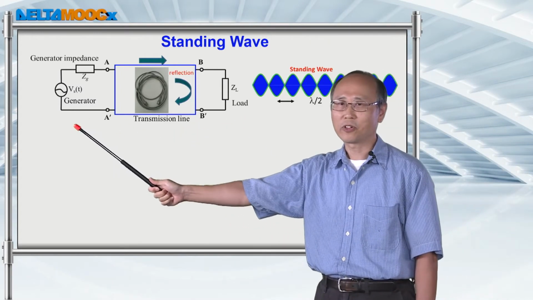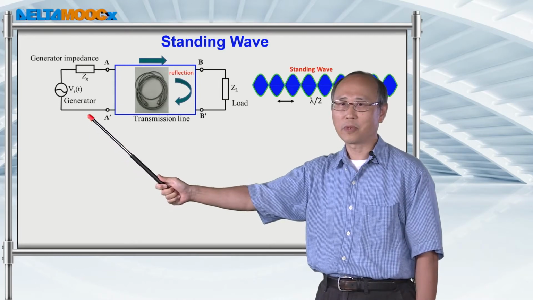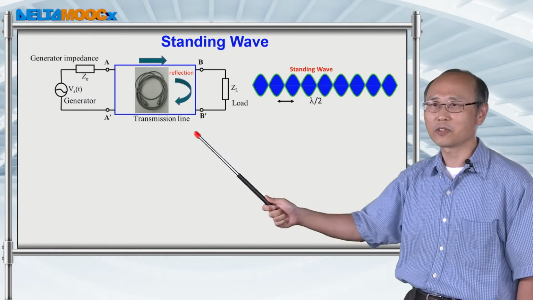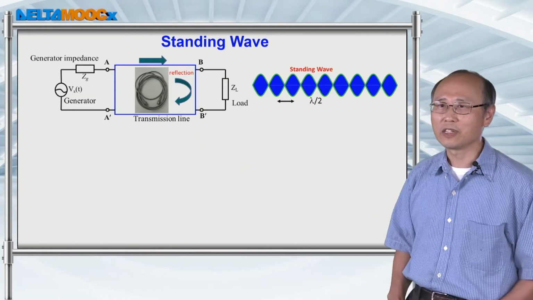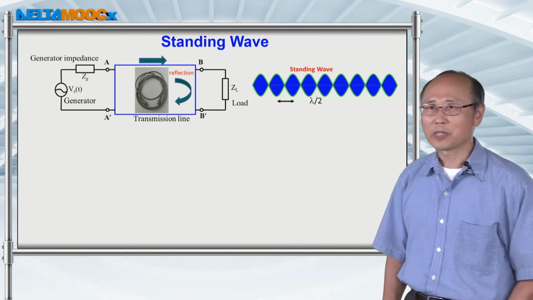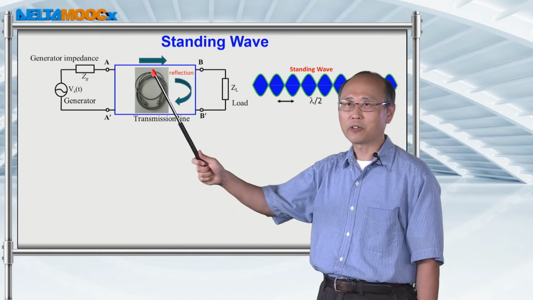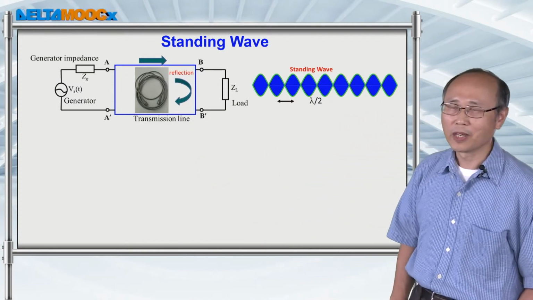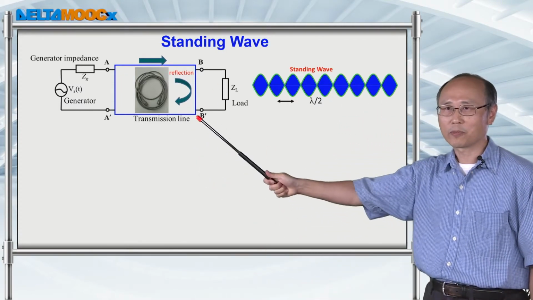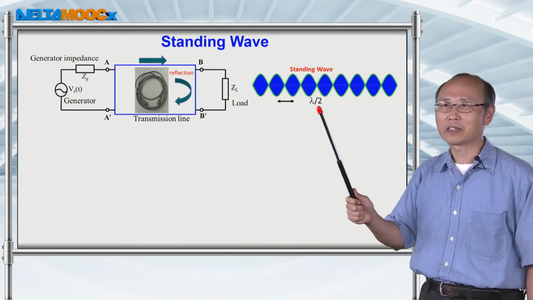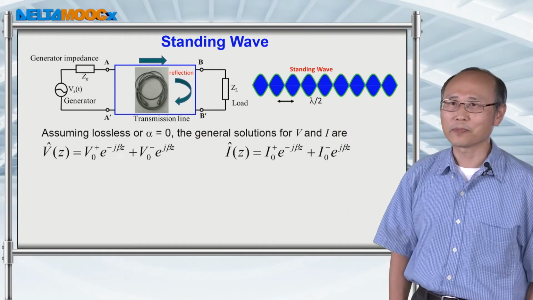The generator is going to generate the power and signal propagating down this transmission line, and finally deliver the signal to a load for some application. But don't forget that usually, in addition to having a forward propagating signal, we'll have some reflection of the signal from the load, forming a standing wave on the transmission line.